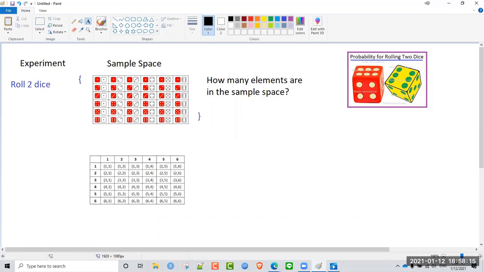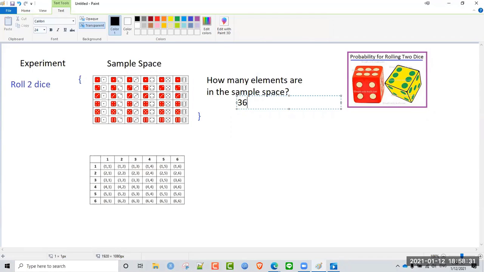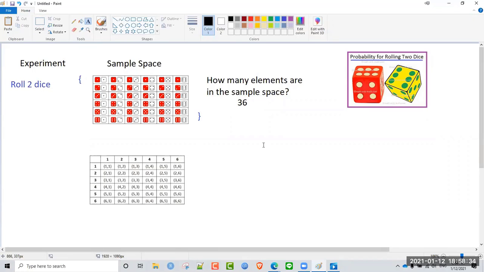How many elements are in the sample space? 36. How did you get that? I just counted. There are six columns here, and there are 6 rows. So that means there are 36, right? Okay. So there are 36 elements in the sample space.